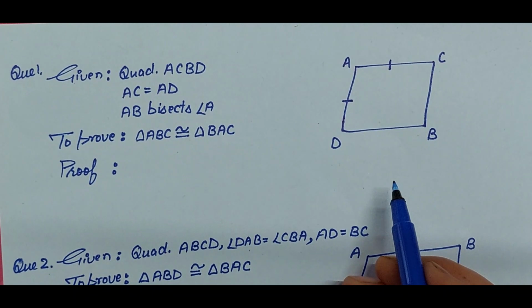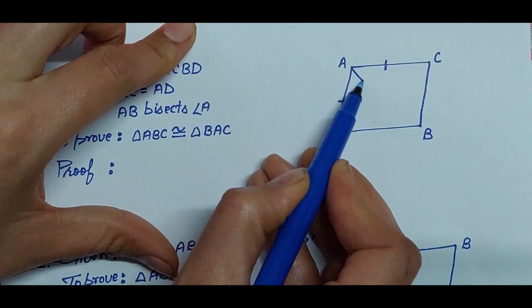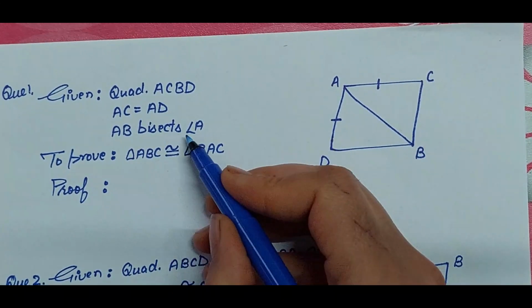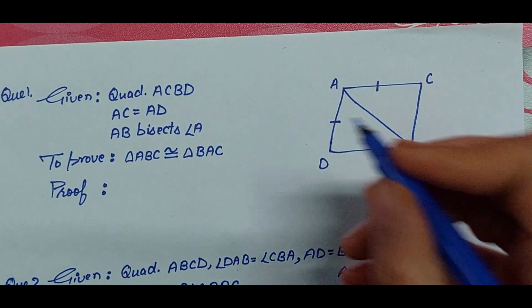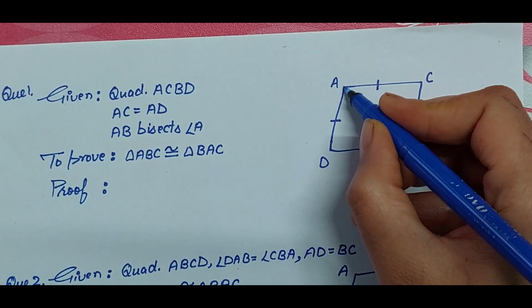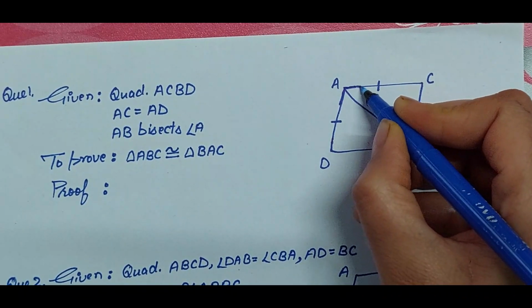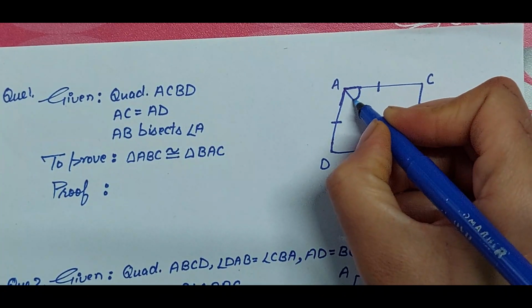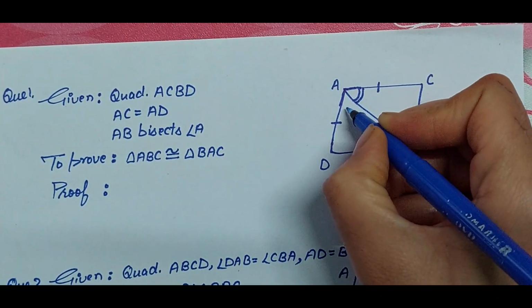AB, so there is no AB, so we need to make it. So this is your AB. This AB bisects angle A. What does that mean? That means this angle A is divided into two equal parts by this line. So this angle is actually equal to this.